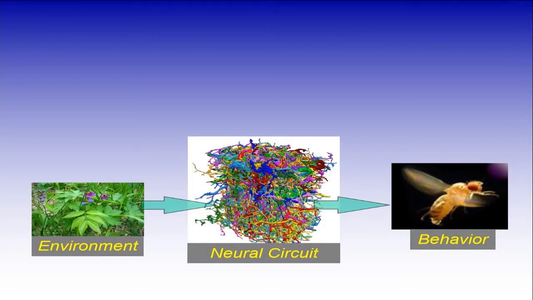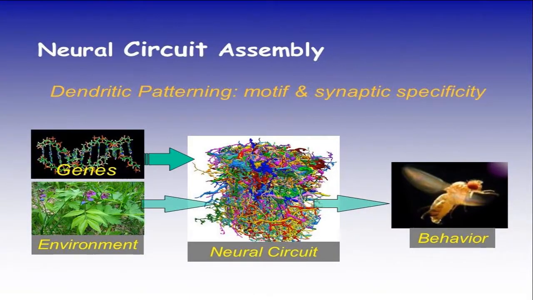So we know that this complex neural network is capable of receiving information from the environment, learning and processing information, and eventually guiding animal behavior. We also know that during development, the information from our genome, which arguably has much less information compared with the complexity of the brain, is used to instruct the construction of the neural circuit.